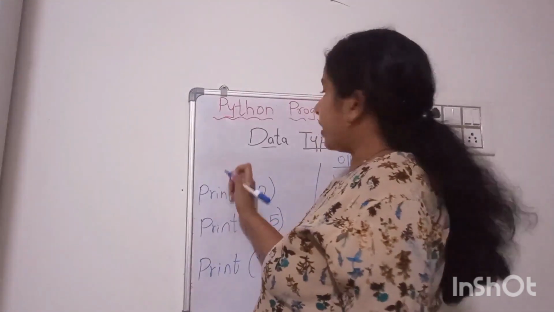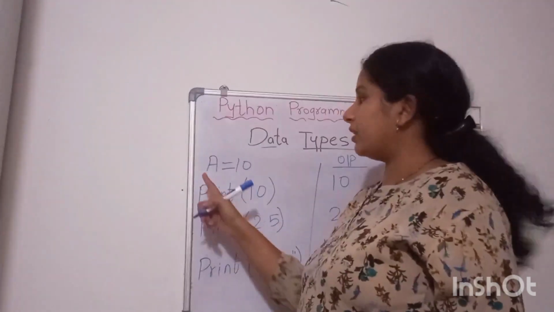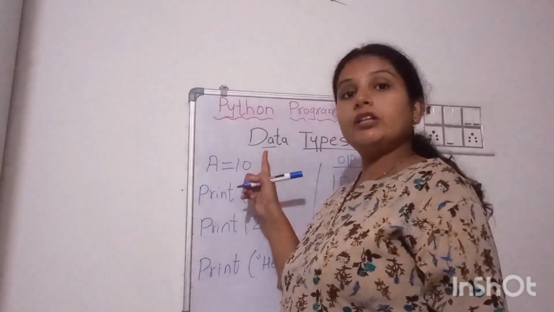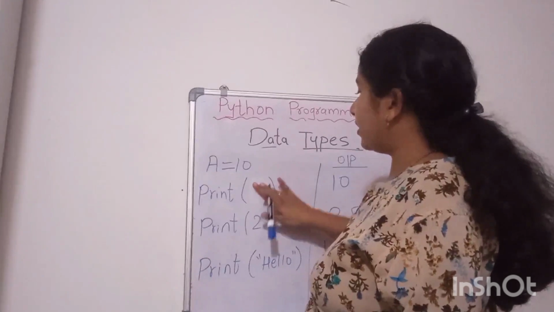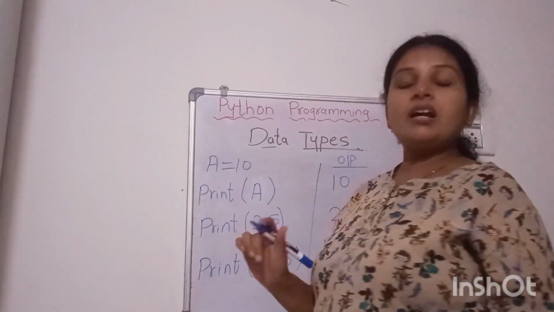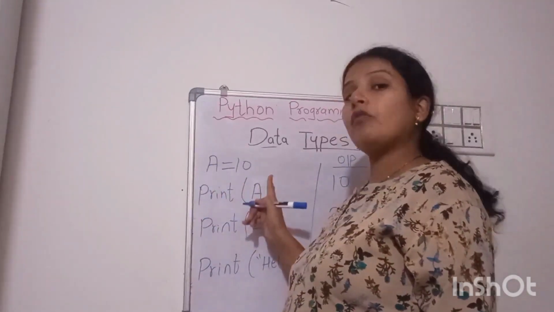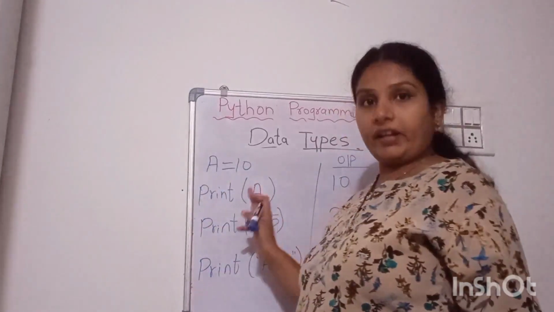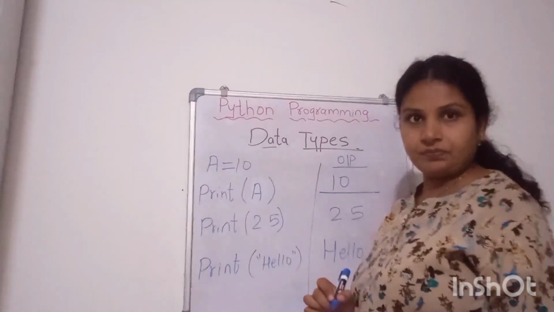Before this statement, if I write a is equal to 10, that means I am declaring one variable a and assigning the value 10 to variable a. Then here, instead of 10, I will write a. That means I need to print the value of a, not a as an alphabet. In this case, again the output will be 10.